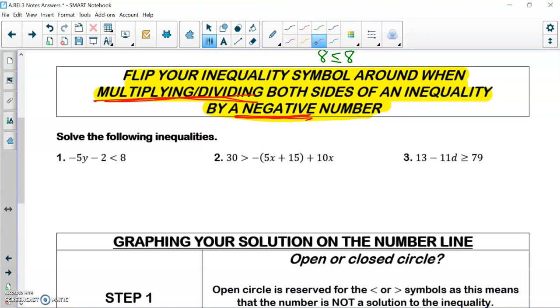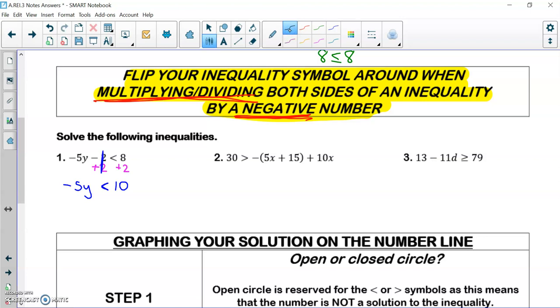I'm going to still do the order of operations backwards, still use inverse operations. I'm going to first start off adding 2 to both sides. When I do that, I have a -5y and a -2 plus a 2 cancels out, and I'm left with, I added a 2, so my inequality symbol does not flip, and 8 plus a 2 is a 10.